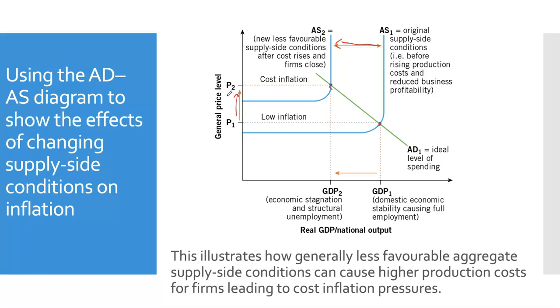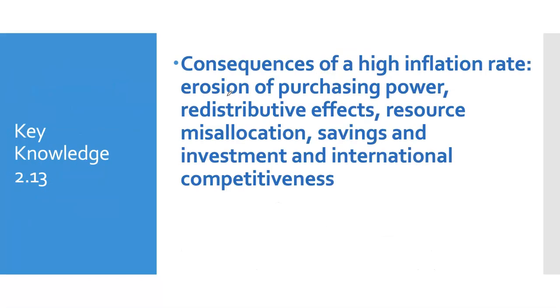So aggregate supply side inflation, many would argue, is not a positive thing, although aggregate demand inflation can have some positives because aggregate demand increasing is generally good, but one of the stabilizers is inflation. So now let's finally, and I know it's a long video, look at the consequences of having a high inflation rate.